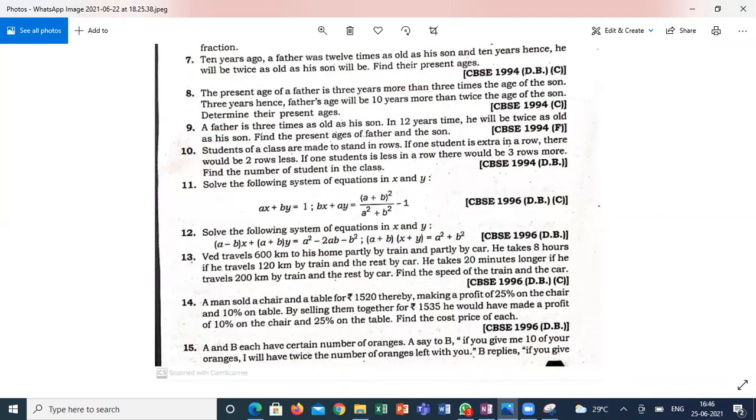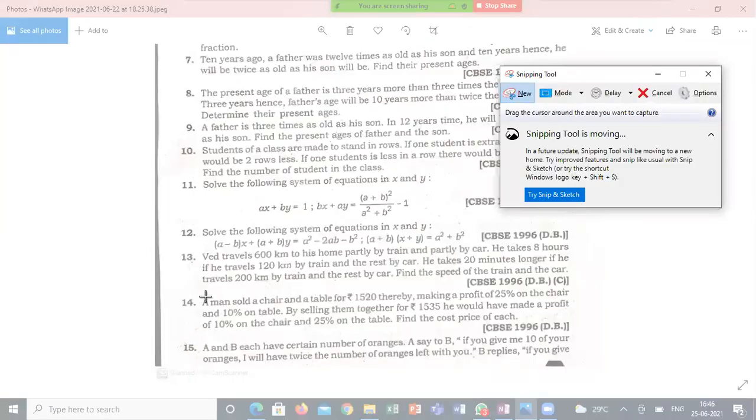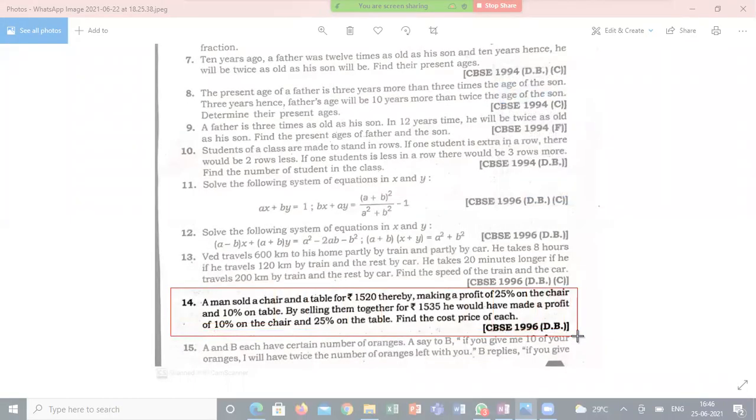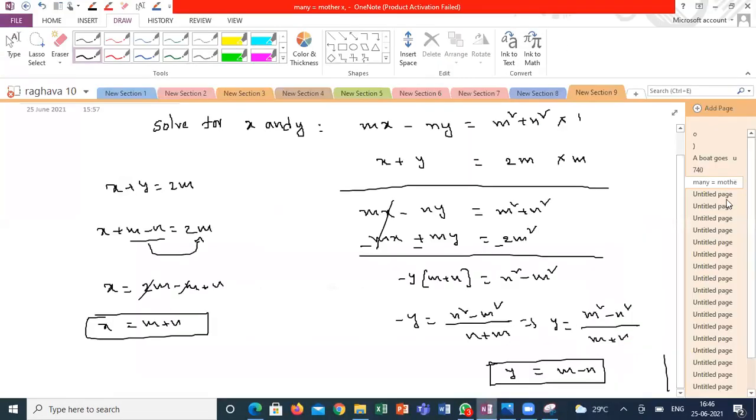We'll do one question. Yeah, the 15th one also we did. I think the 15th question is the one somebody mentioned. Am I right? The 15th question only now: A and B each having a certain number of oranges. Am I right or not? Yes, sir. That also we did. Okay, we did the 10th too. Yeah, we will do one question related to business math, like profit and loss. Yes. Please start trying this question, guys.